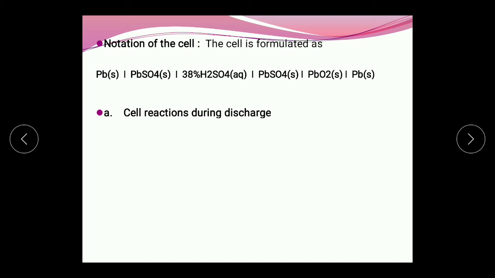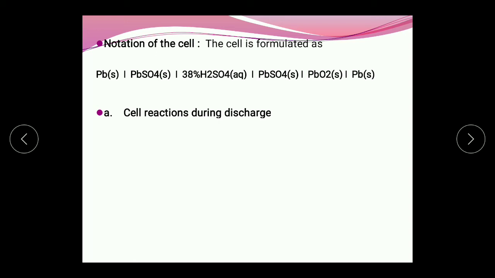While during recharging, while working as an electrolytic cell, the charges are exactly reverse. That means anode in electrolytic cell, if you remember, it carries positive charge, but in galvanic cells, it carries negative charge. Hence, completely opposite reactions will take place during recharging. That we will see in detail later. Just now, we will see the cell reactions during discharge.